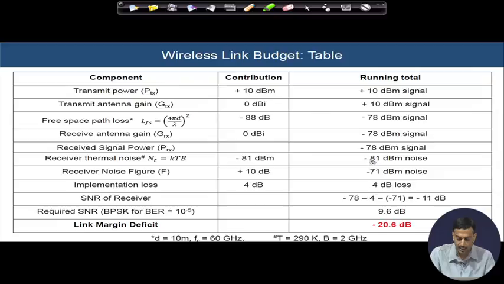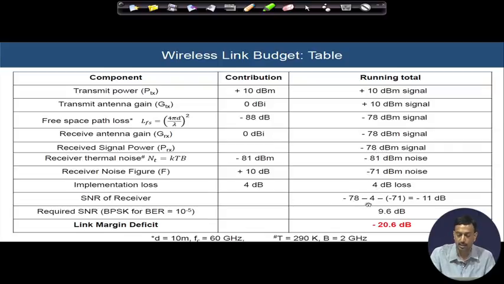So we have signal power of minus 78, noise power at the receiver of minus 71, and if we now consider a consolidated implementation loss of 4 dB, we are in a position to calculate the signal to noise ratio at the receiver. So signal is minus 78 dBm, as already calculated.